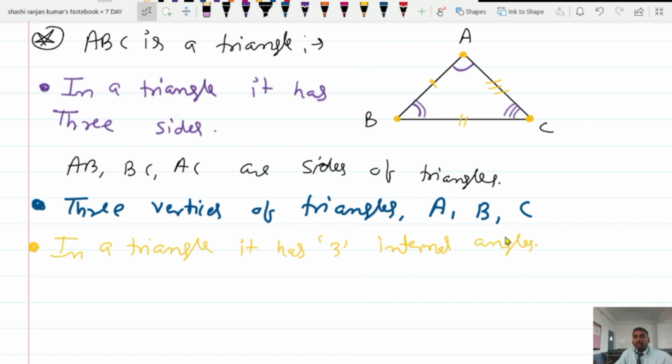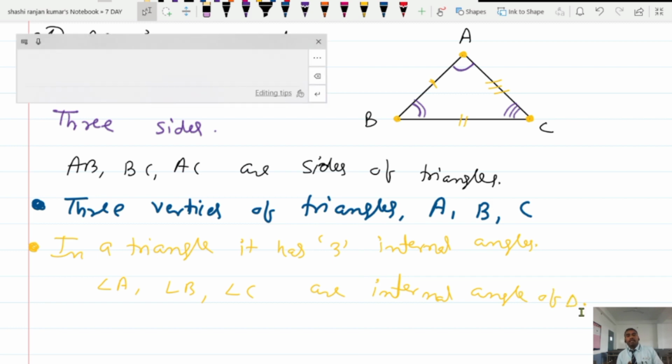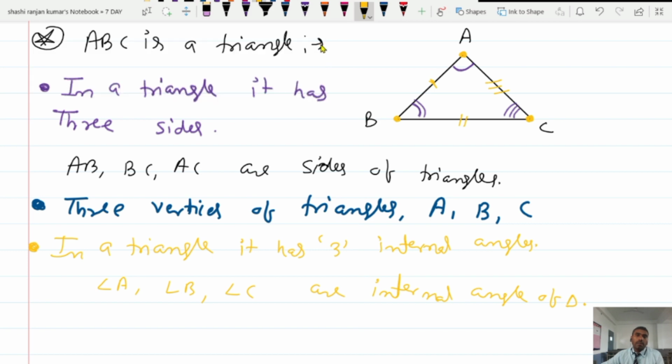You can see the angle A, angle B, and angle C are the internal angles of this triangle. These are the things that we must keep in mind. In a triangle, we have total three sides, three vertices, and three angles.